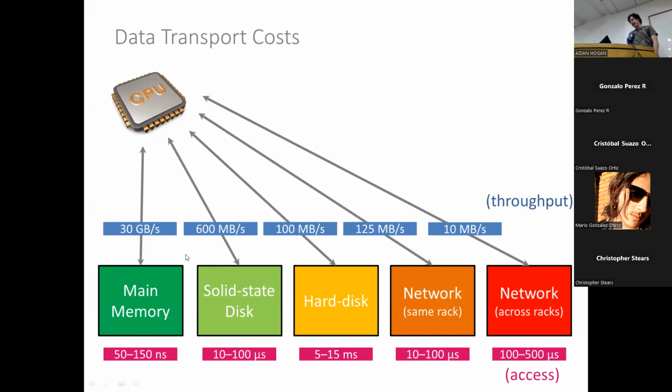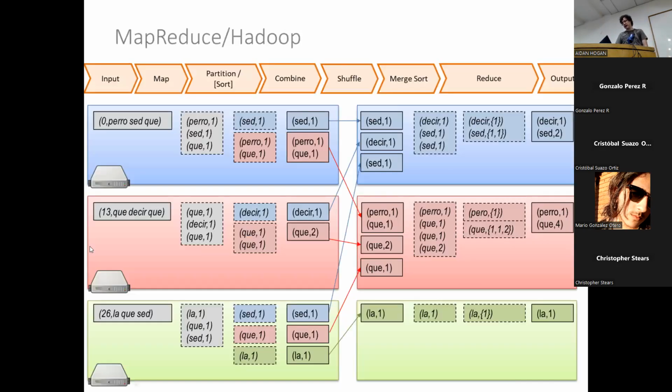So we see in general that hard disks are quite a lot slower. Solid state disk or hard disks are several orders of magnitude slower to do whatever operation we want than RAM. So based on that, what we would like to avoid is using the disk as much as possible.